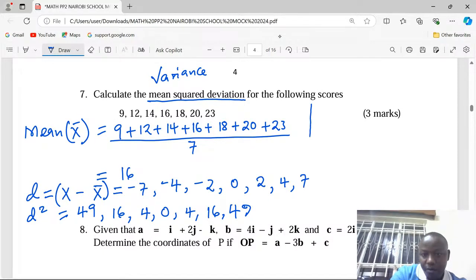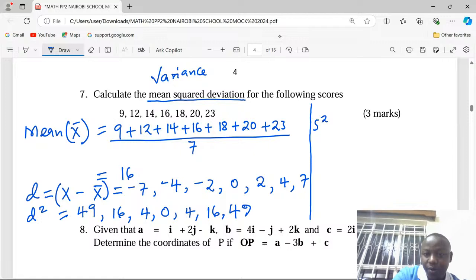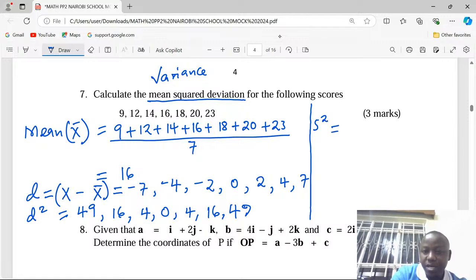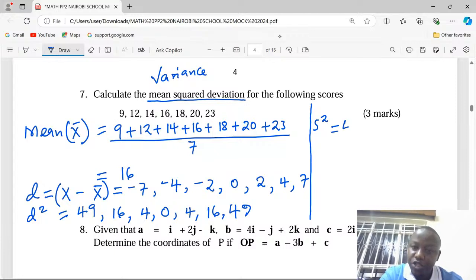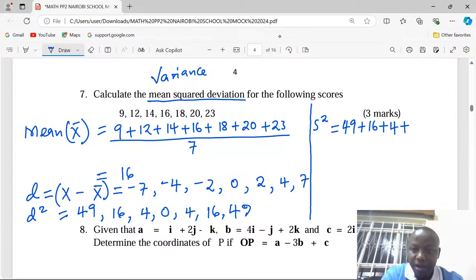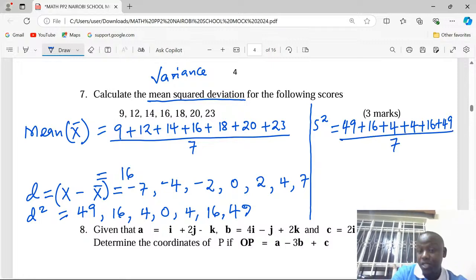Then now we have to obtain the variance, which is abbreviated S squared. This is going to be the mean score for these square deviations, which will be 49 plus 16 plus 4, then we add 4 again, we add 16, and we add 49, divided by 7, because they are all 7.